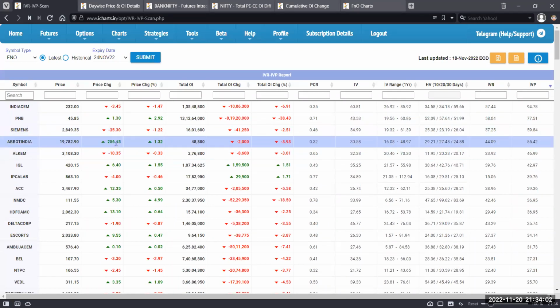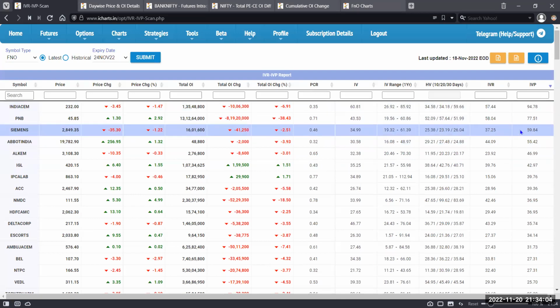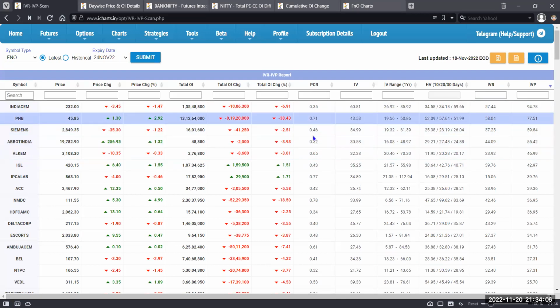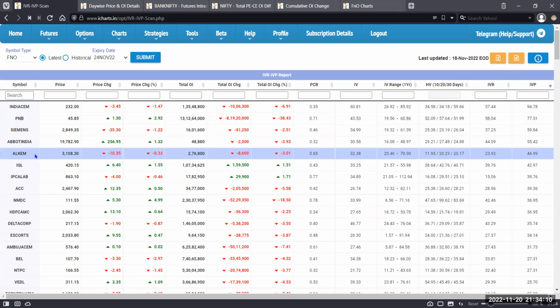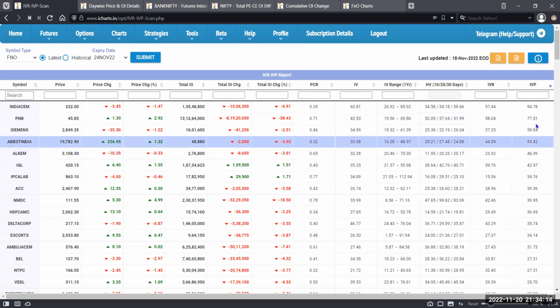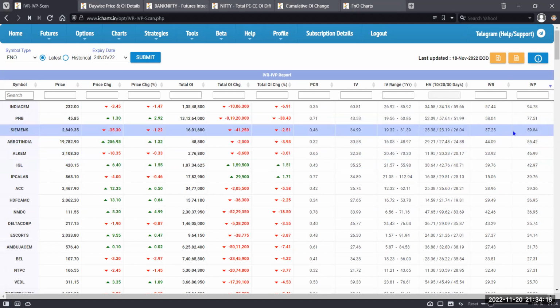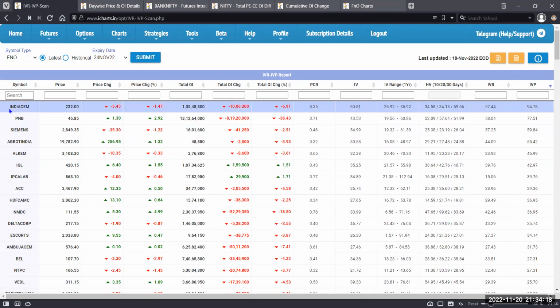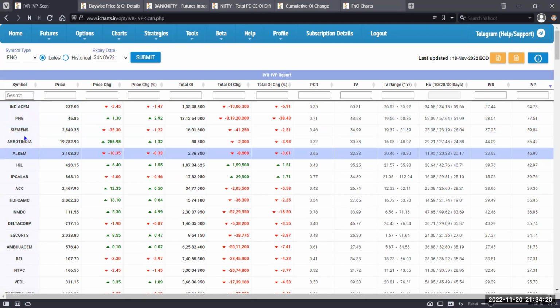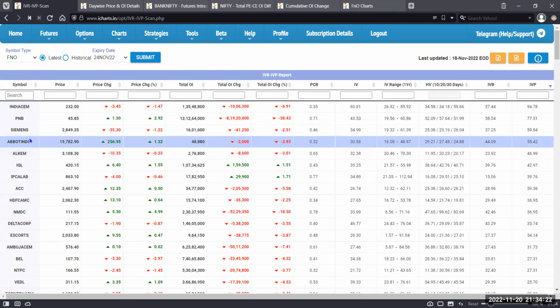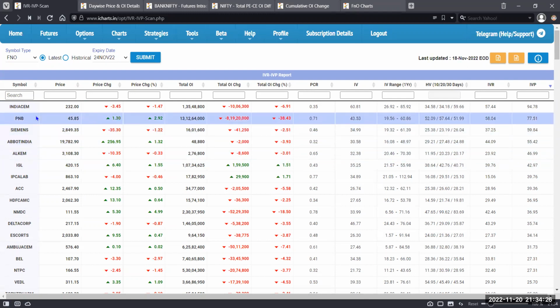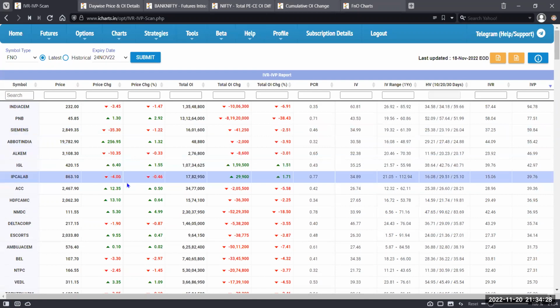It could be either bearish or bullish. This just says that the options are priced a little higher, so you can probably look for credit-based strategies, because there is a chance that you will get decay in these options. So this is for selection of scripts for either buying strategies or selling strategies, but not for trading bullish or bearish in futures as such.